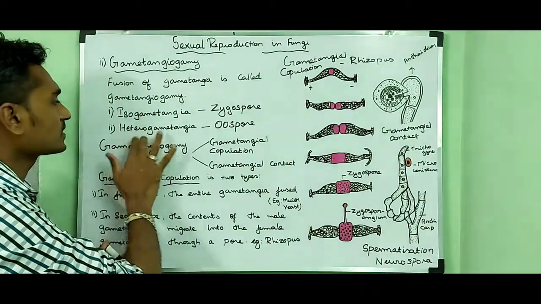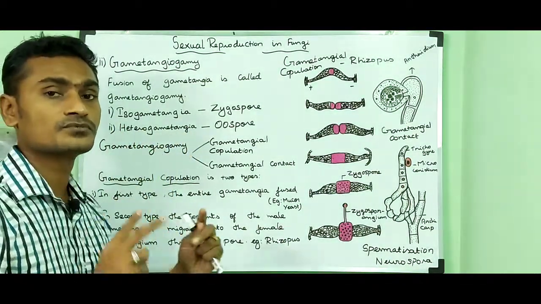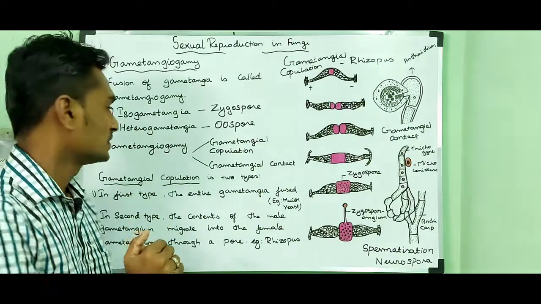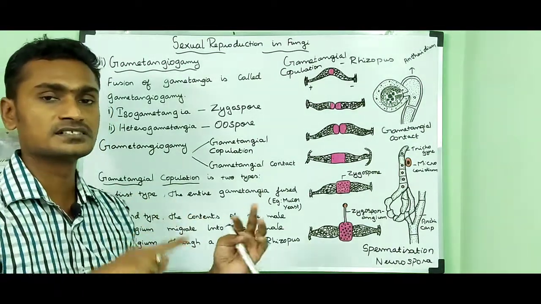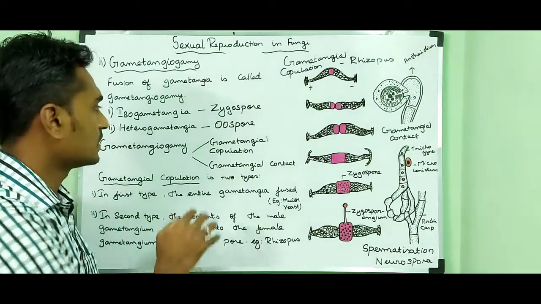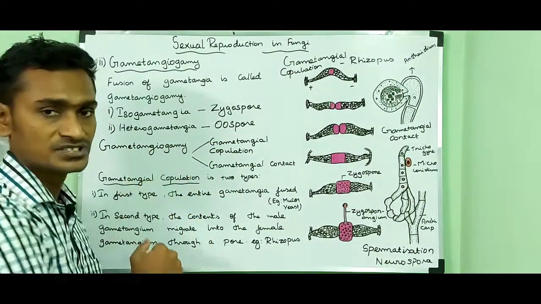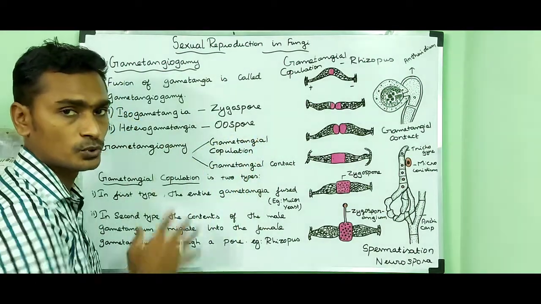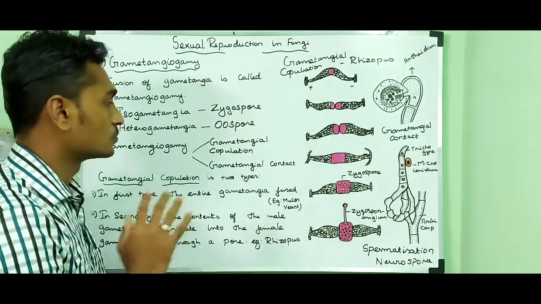Then in heterogametangia, the fusion of two dissimilar gametangia takes place. So they are dissimilar in size and dissimilar in shape. As a result of the fusion, a zygote is formed, and that zygote is called oospore.